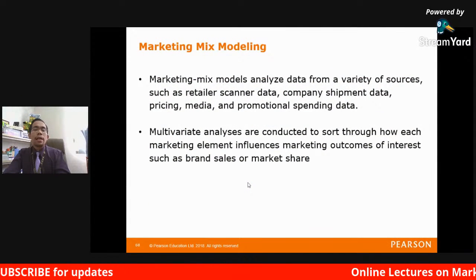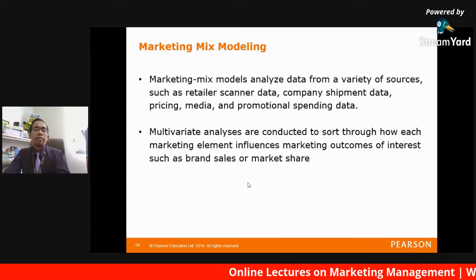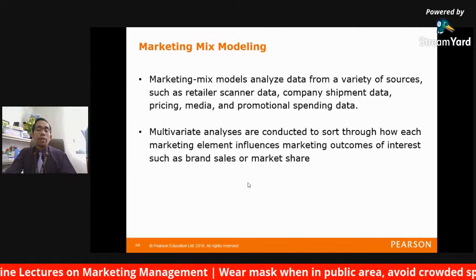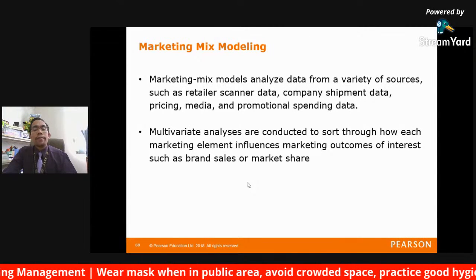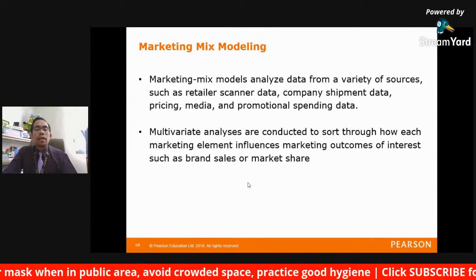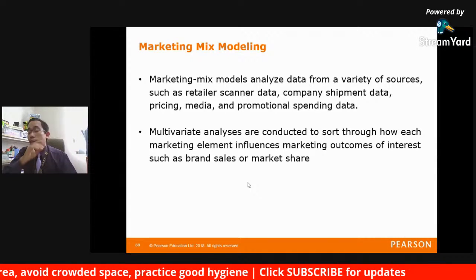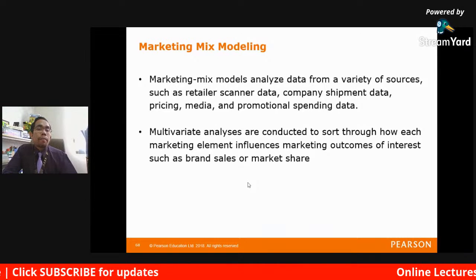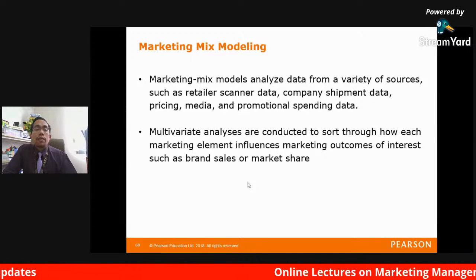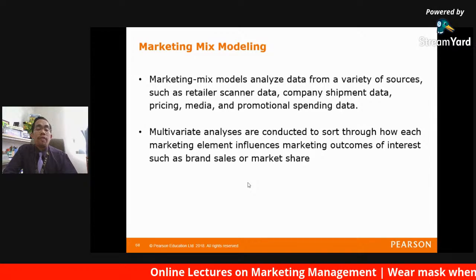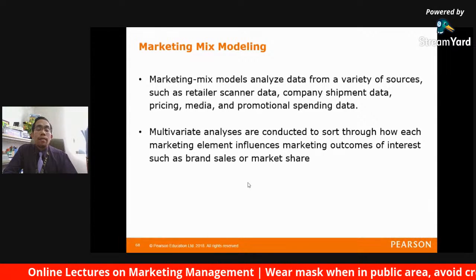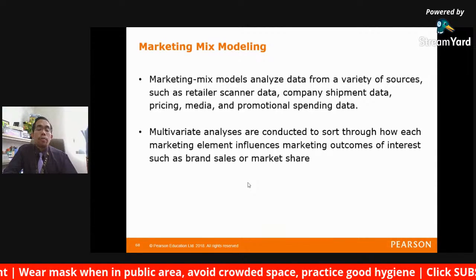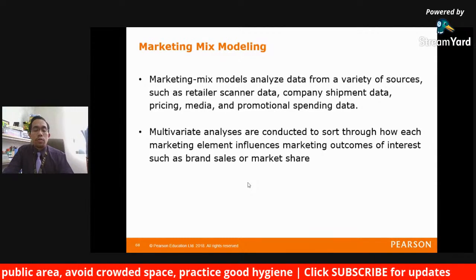Marketing mix modeling analyzes data from a variety of sources, for example, what we already talked about: scanner data, shipment data, pricing, media, and promotional spending data. That's why sometimes when we get some supplies, some of the manufacturers are very flexible in collecting their money, because they know how our business looks or the nature of our business.